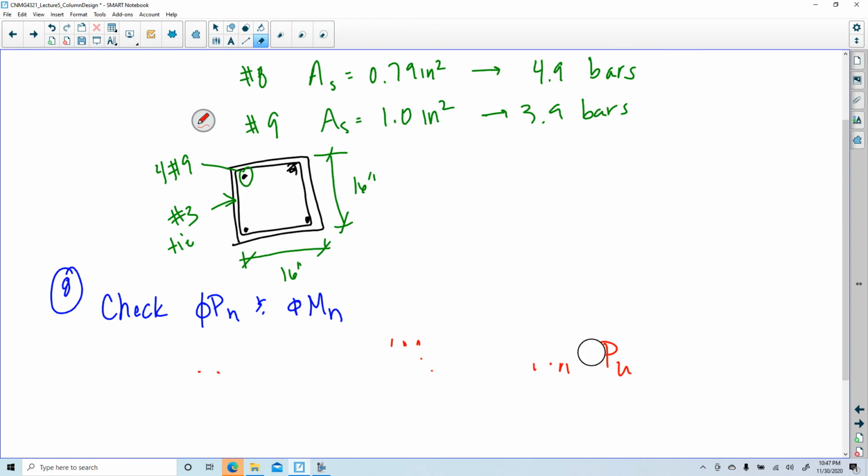What we're gonna do is, let's calculate what our rho G actually is. Our area of steel over our gross cross-sectional area.